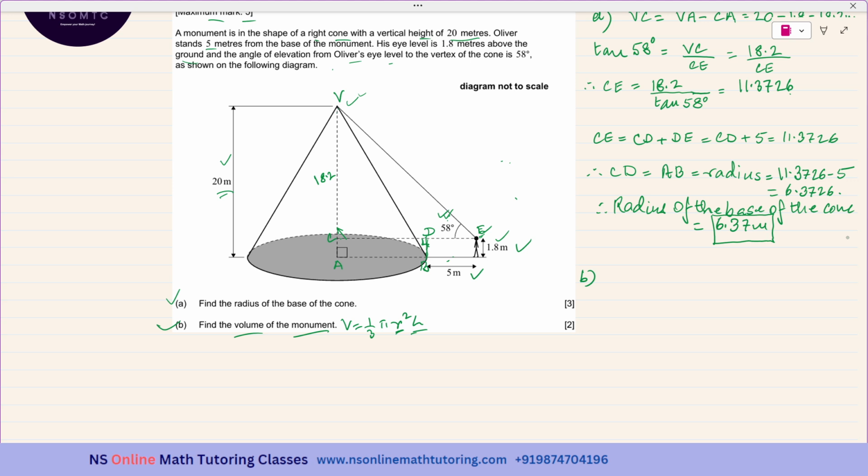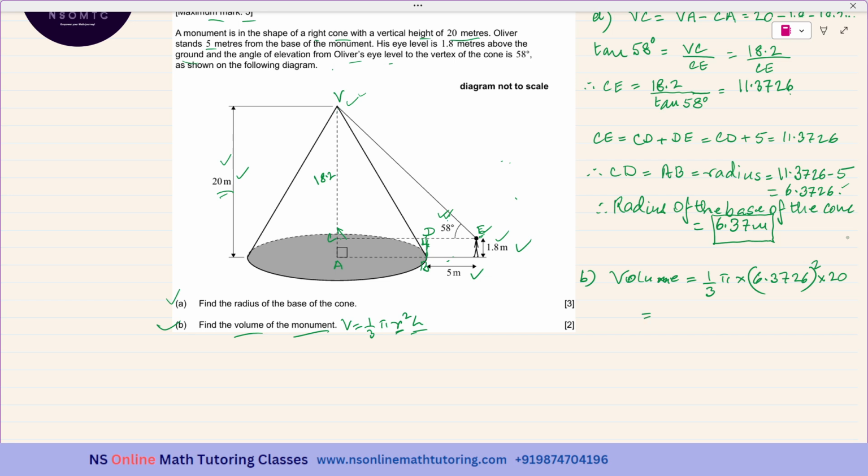So volume is equal to 1/3 pi times, for this I will be taking 6.3726. Don't take the 3 significant figures answer for any subsequent calculation. 6.3726 whole squared, and this time the height is 20.